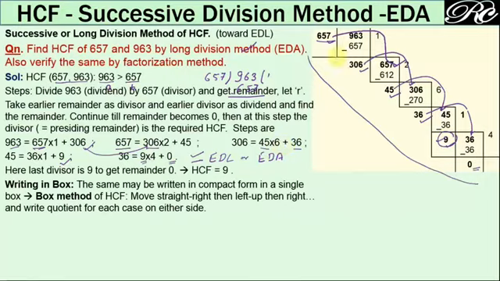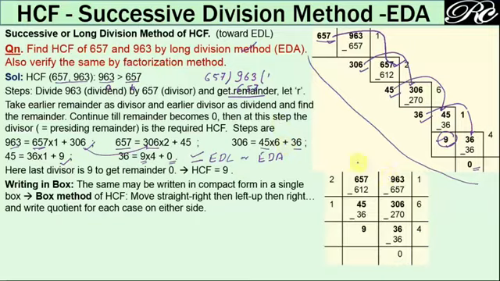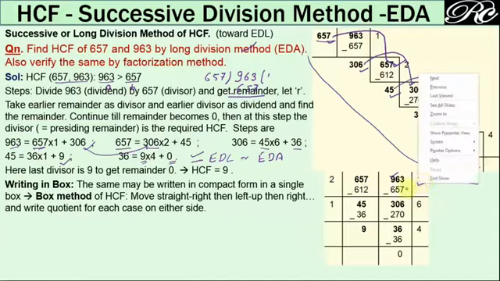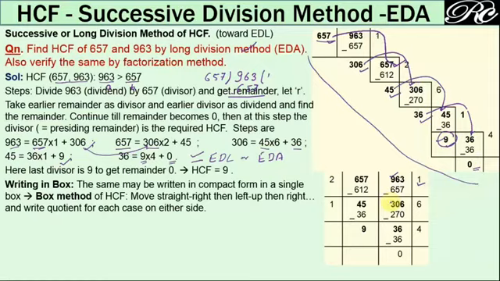For that we take the very first step as it is. Take 963 as dividend, divide it by 657, it will give a quotient of 1 and the remainder at this time is 306. So write the remainder here. The very first step is to divide 963 by 657 to give this remainder.